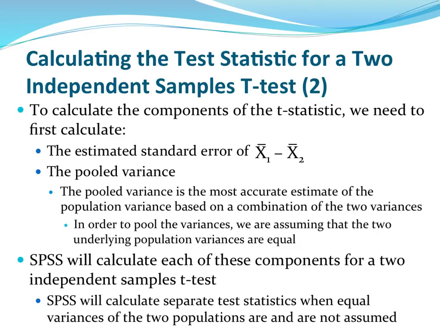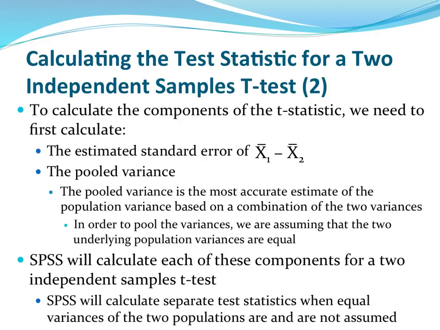To calculate the components of the t-statistic, we need to first calculate the estimated standard error of the difference between sample means. To do so, we can calculate the pooled variance, which is the most accurate estimate of the underlying population variances based on a combination of the two sample variances, but we should only pool the variances if it can be assumed that the two underlying population variances from which the samples came are equal.